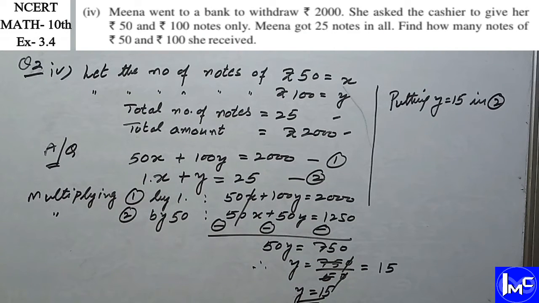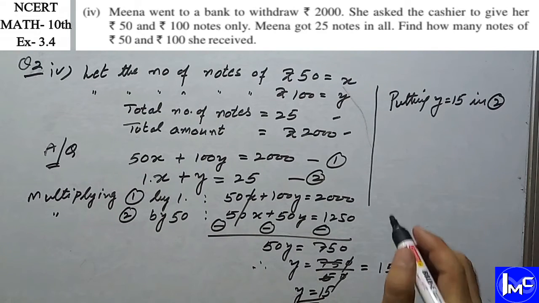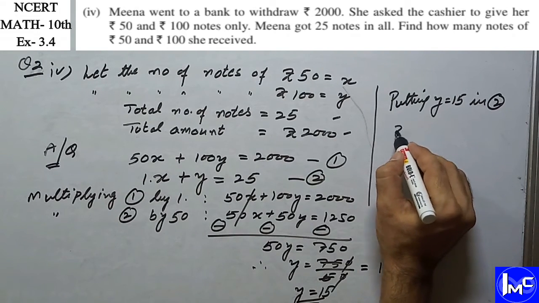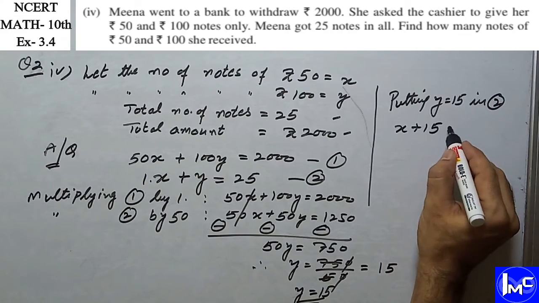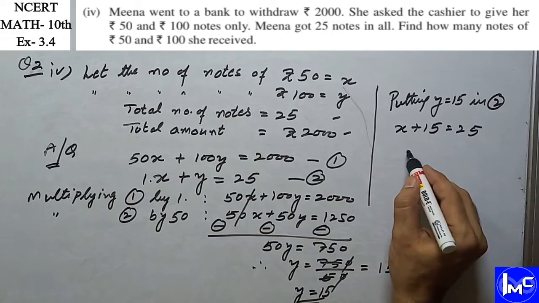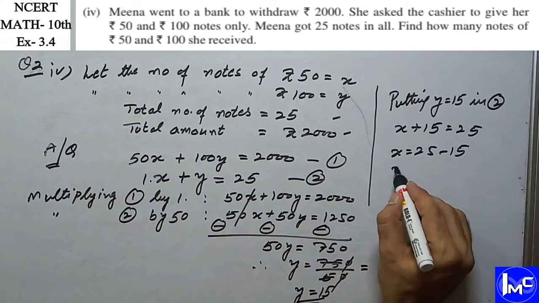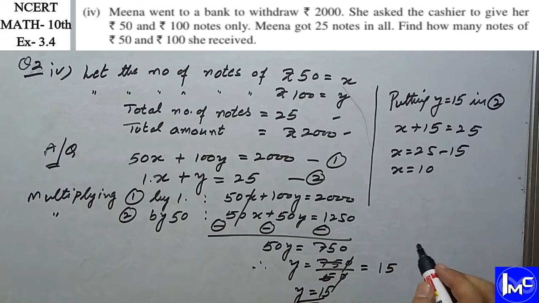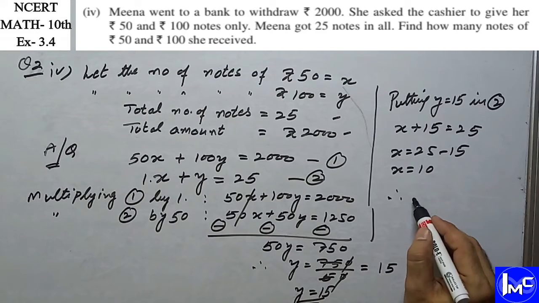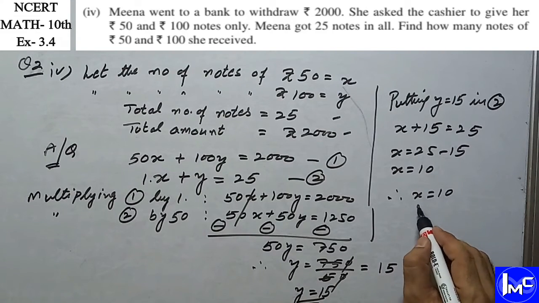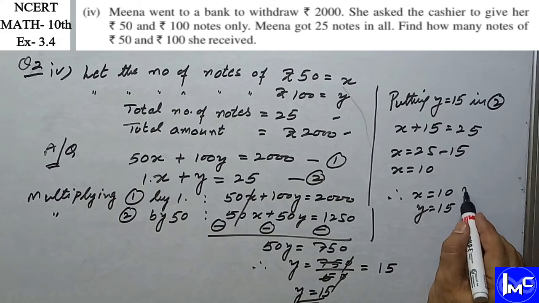Now we will put the value of y in equation number 2, and it will be x plus 15 is equal to 25, and so x is equal to 25 minus 15, and that is x is equal to 10. And so our values are x is equal to 10 and y is equal to 15.